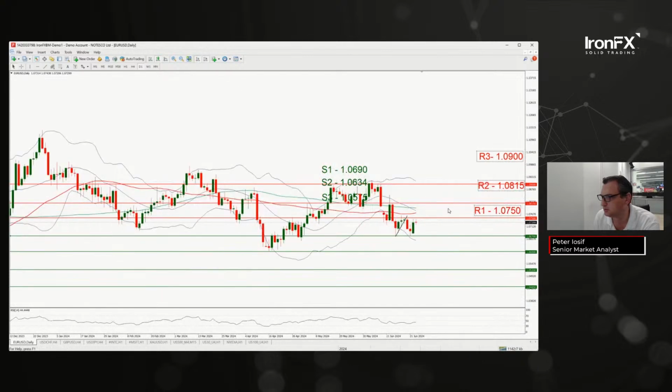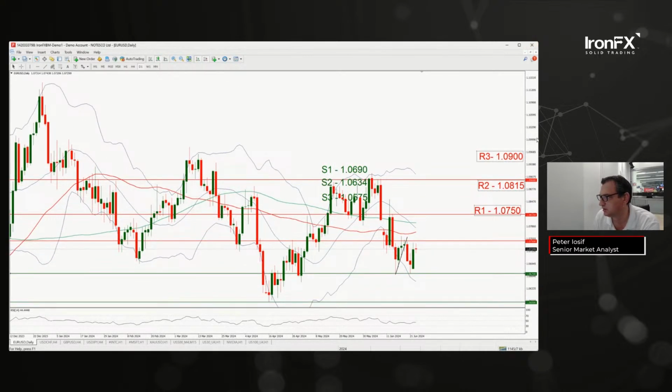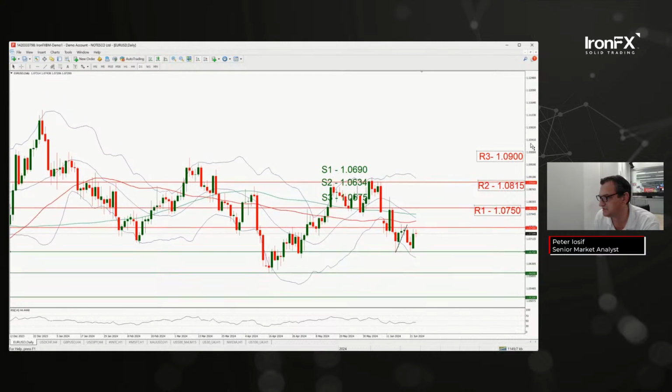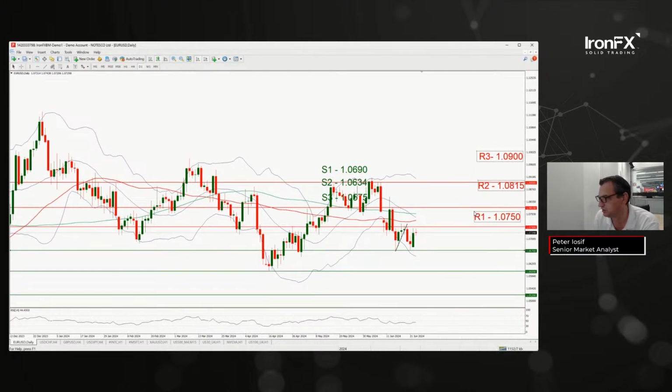Readjusting the chart, and let's place everything in order, starting with the resistance lines and the labels, locking them in.